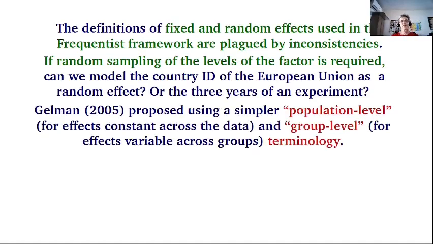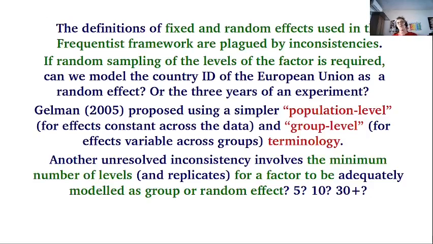So Gelman, a pretty good Bayesian statistician, proposed using a simpler, more concise, and more complete terminology, calling them population level and group level effects. The population level effects are effects that are constant across the data. They are valid for the entire data set. And the group level effects are effects that are variable across groups or subsets of the entire data set.